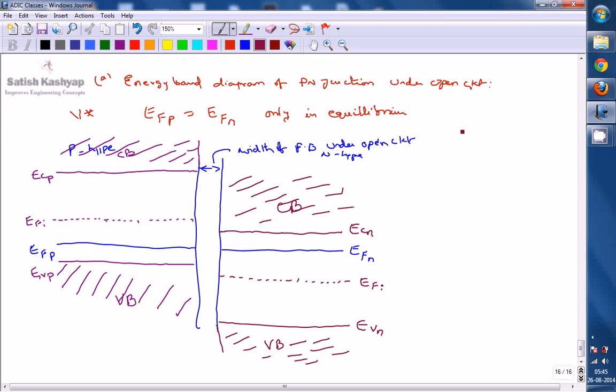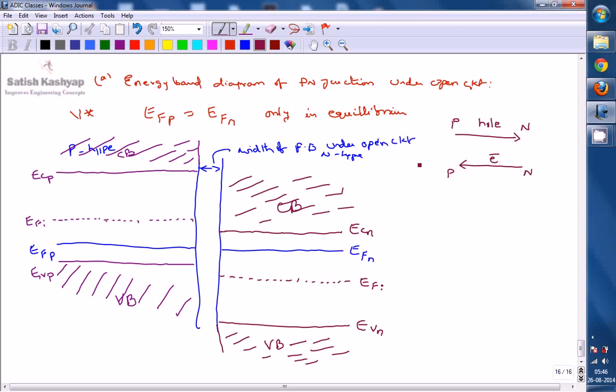Say, for example, a hole is moving from P to N side, as well as an electron is moving from N to P side. This is the meaning of movement of majority charge carriers. Electron will move from N to P and hole will move from P to N for the majority carriers.